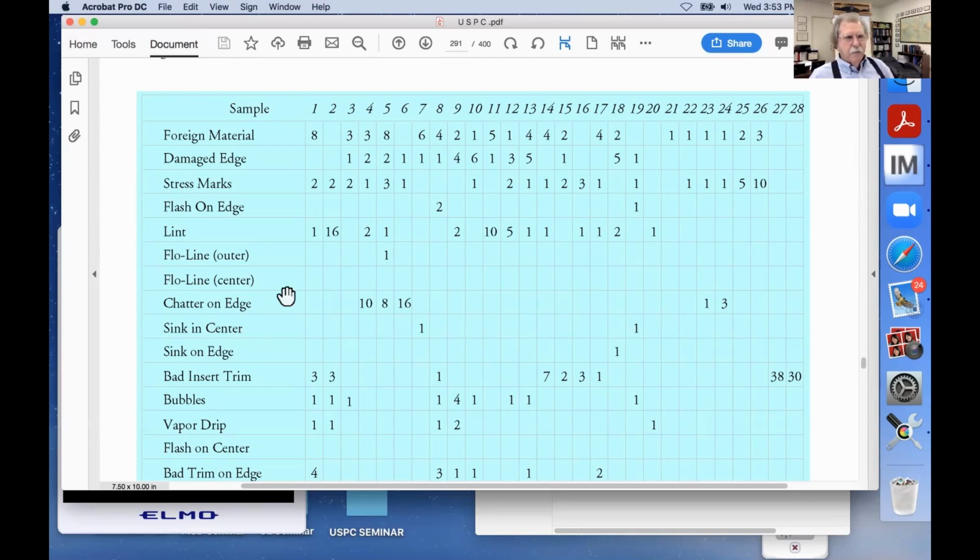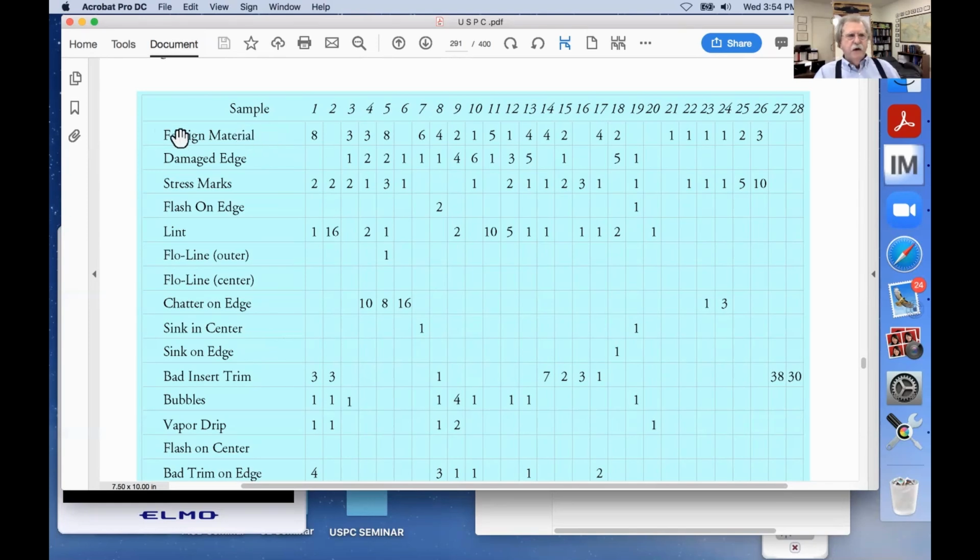Well, I asked them and they said, because we have more categories because we think we have different assignable causes. See, that's the secret. You've got to get the category narrowed down to the point that you can determine what's happening in production.